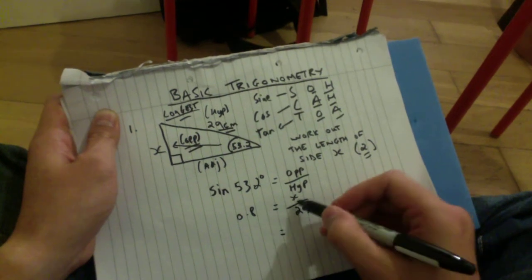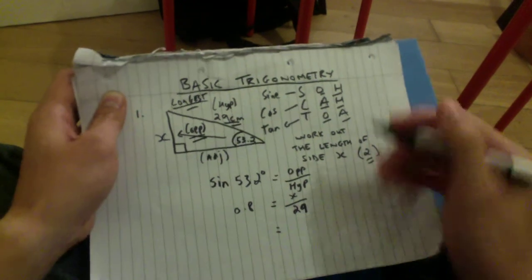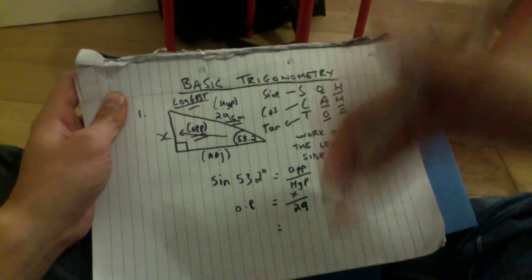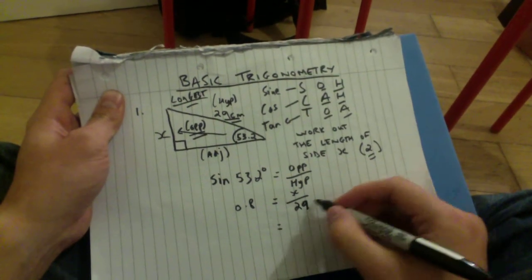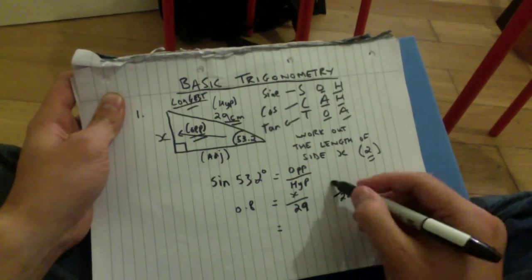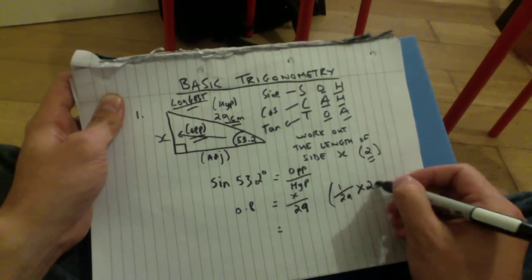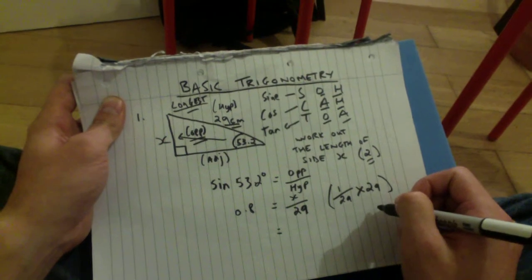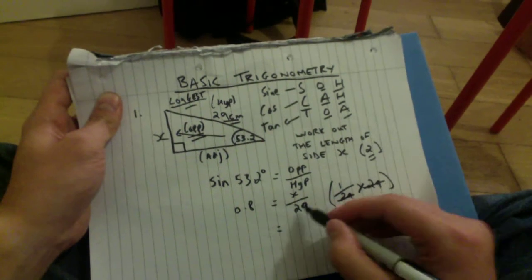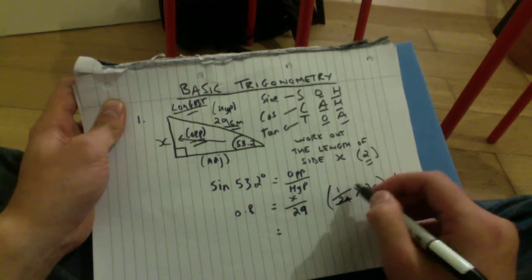Now, we need to isolate x. This is where rearranging the formula is a very, very important skill to know. So 29 is the denominator of the fraction. To be able to get that out, you've got to think of it as 1 over 29. And the way to cancel 29 out is to times it by 29. Okay, and that will cancel it out. So you need to times that side by 29.